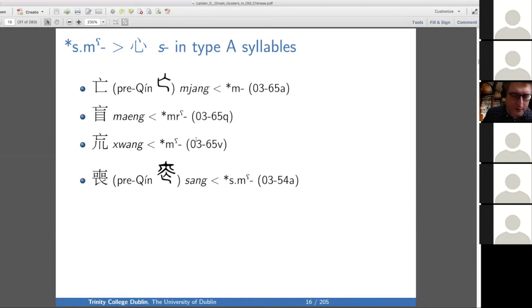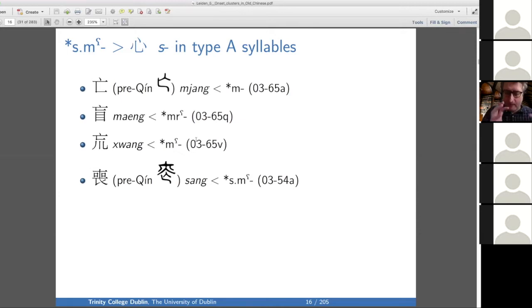So in this series, we have, let's say, two words that start with M, and one that starts with an X, which is probably some kind of font problem in my presentation. There should be a little circle under that M, because as we saw yesterday, one of the sources of velar fricatives is voiceless labial resonants.